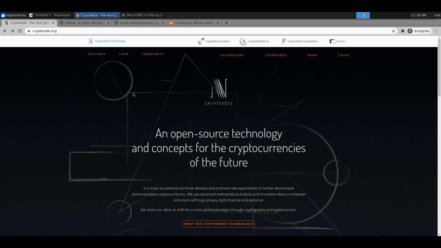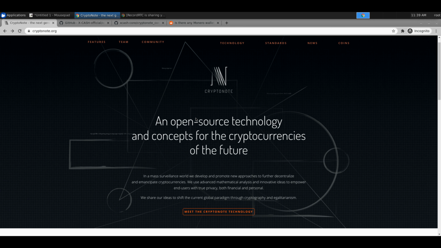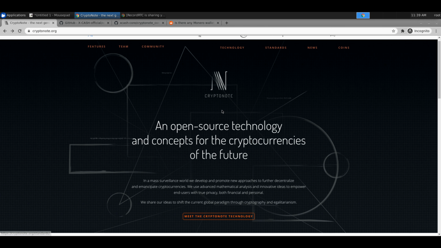So we're on cryptonote.org, which has a white paper about the underlying cryptonote protocol that Monero, and of course XCash, and all the cryptonote coins are built on. I've taken a look through it.